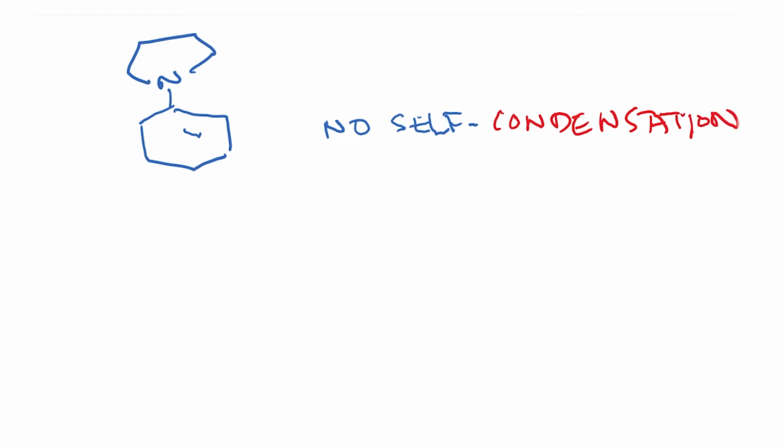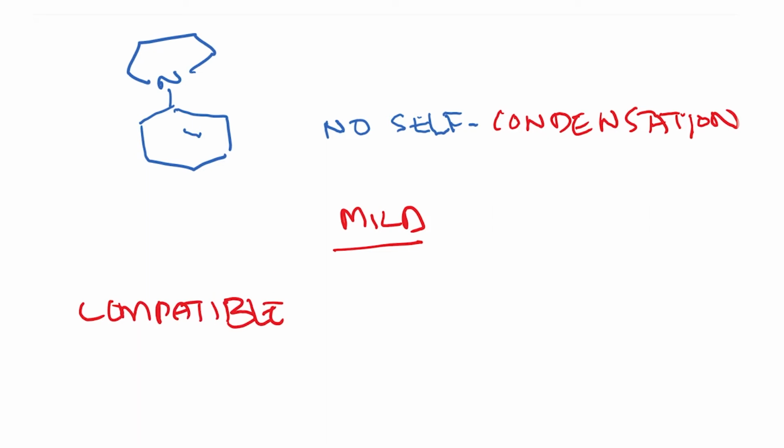So this is advantage number one. And the second one is that it's a very mild method. So it is potentially compatible with many functional groups, right? This is very useful because when we use harsh conditions such as LDA and so on, you can have multiple reactions occurring in a complex molecule.